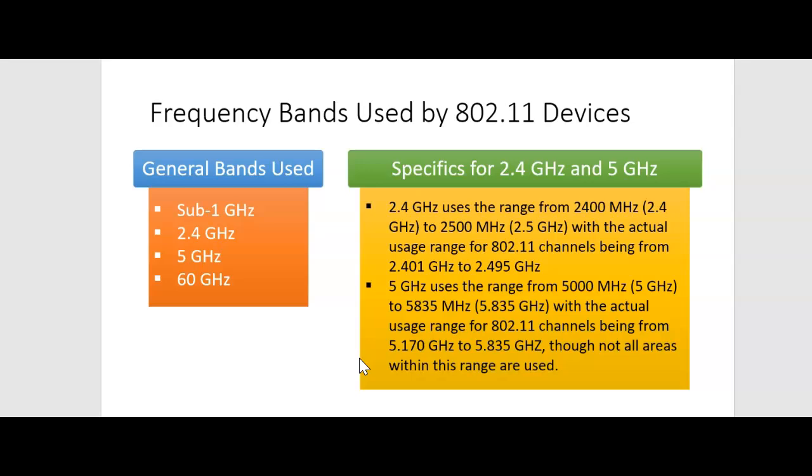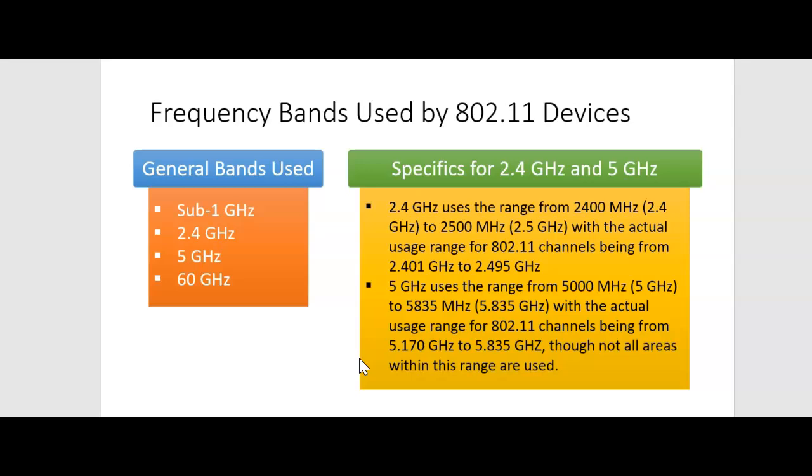Now, the actual usable range is 2.401 gigahertz to 2.495 gigahertz. Now, 5 gigahertz runs from 5 gigahertz to 5.83 gigahertz, and the actual usable standard is from 5.17 gigahertz to 5.835 gigahertz.